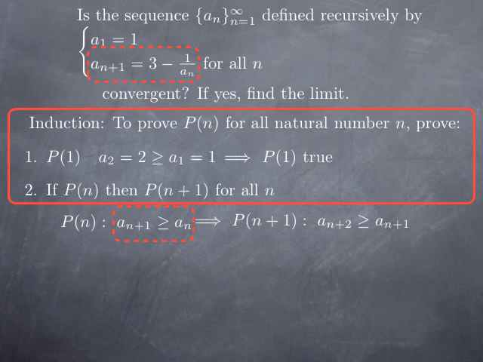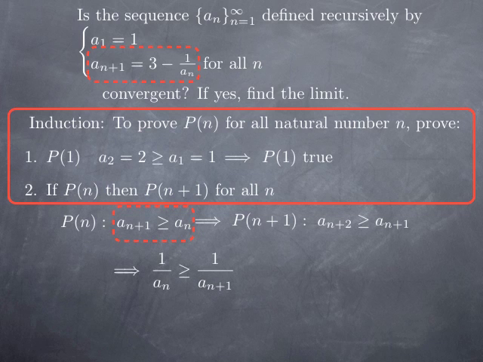So how do we do that? Well, I start with a_{n+1} ≥ a_n, and I follow the steps to go from one term to the next. So what do we do? We take 1 over a_n, so we take the reciprocal, then we multiply by negative 1, then we add 3. And that will build 3 minus 1 over a_n. So we do that on both sides of the inequality.